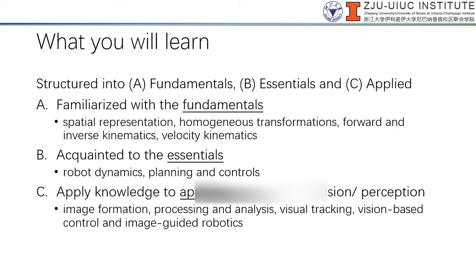For now, you just need to understand that there is a systematic way of representing the position and orientation of a rigid body in 3D space, and how changes in position and orientation, that is the transformation, are described using a very systematic coordinate system.